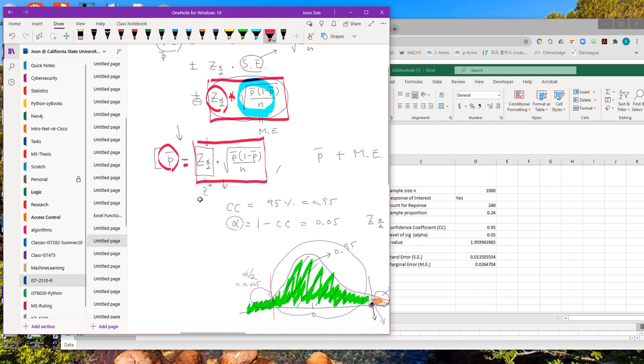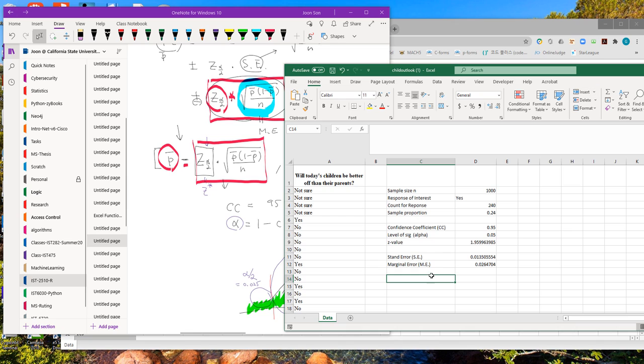And the point estimate minus, right? So what is a point estimate? The point estimate is basically the same as the sample proportion, right? And then minus the marginal error, right?